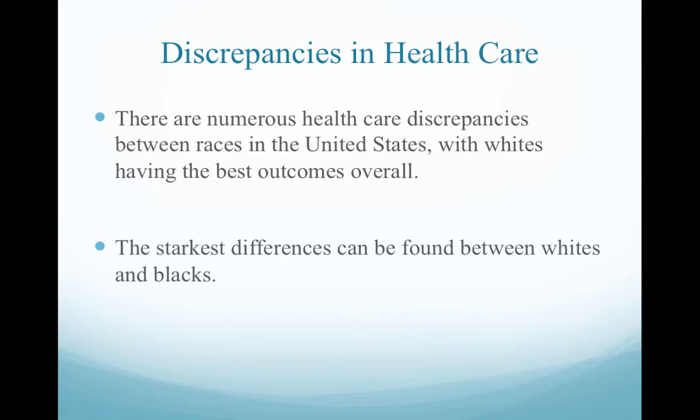This is true even of the lifespan in general, which is typically longer for whites than blacks or other minorities. White men on average live to be about 83 years old. Black men live to be about 71 years old. White women live on average to be 79 years old, whereas black women live to be 78 years old.